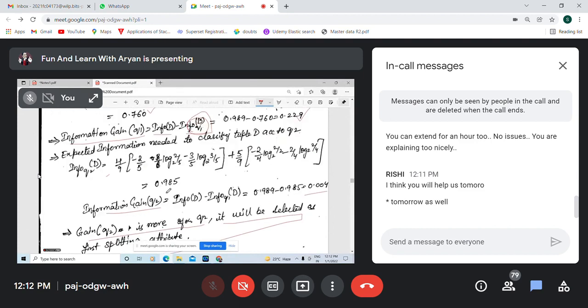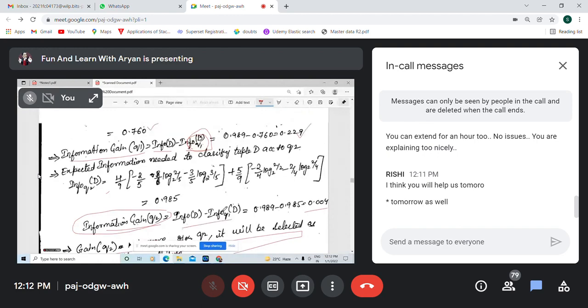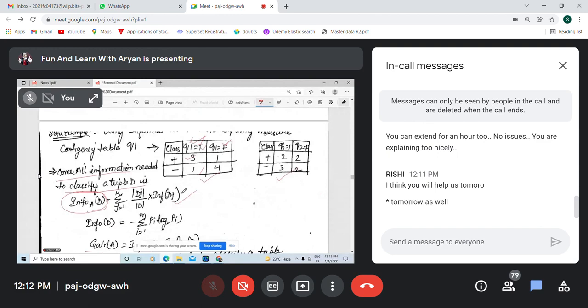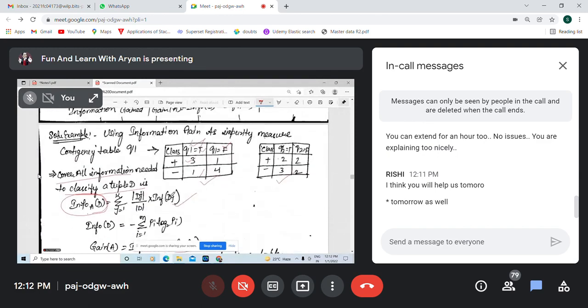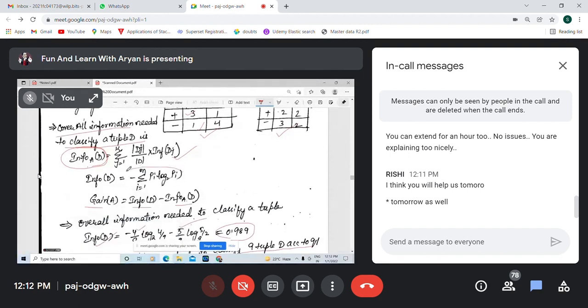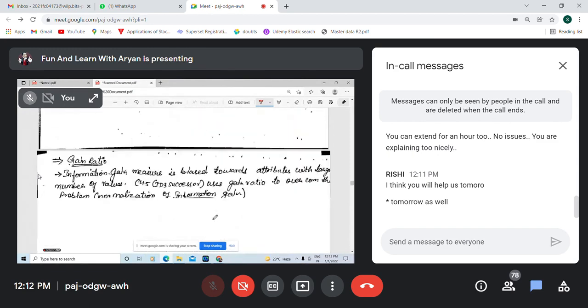For whichever attribute you are getting more information gain, that is your best split attribute. So this is about information gain. It's all the same like Gini, same like classification error. The only difference is the formula is this. That's it. Okay. So this was information gain.